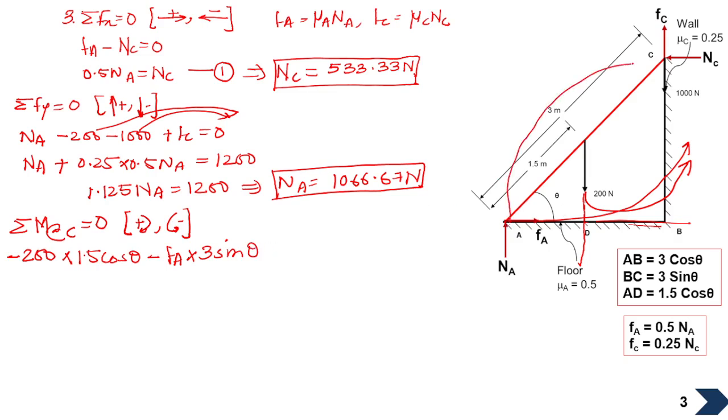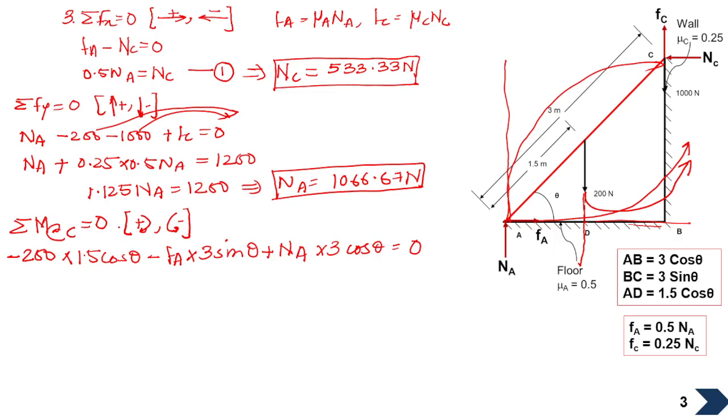NA is going to create a positive moment at C, and hence NA is going to be positive. So plus NA into, this is vertical, hence we are going to take this horizontal distance AB. AB is 3 cos theta. This is going to be equal to 0.